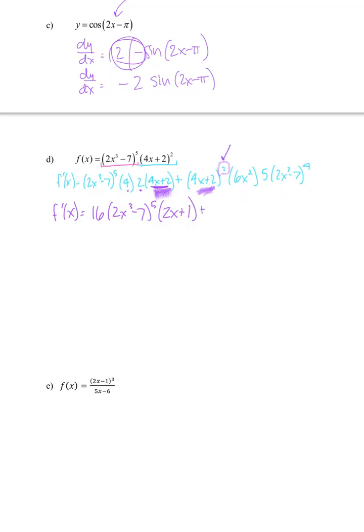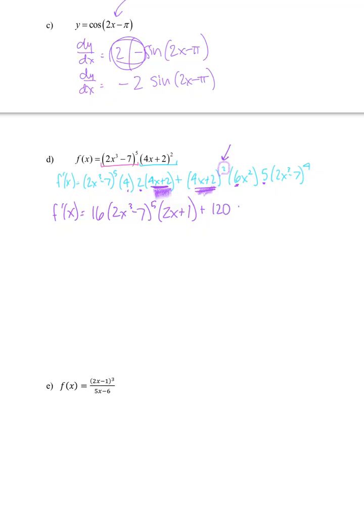There are 2 of these parentheses, and they each have a 2, so that means I actually have a 4 that I'm taking out. When I multiply that 4 times this 6 times this 5, that's 120.